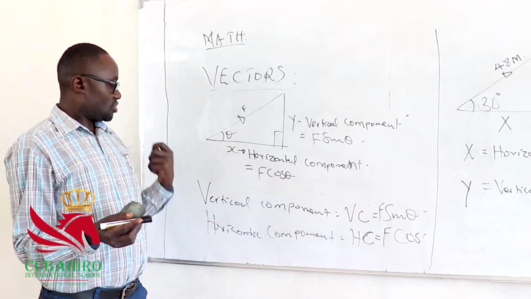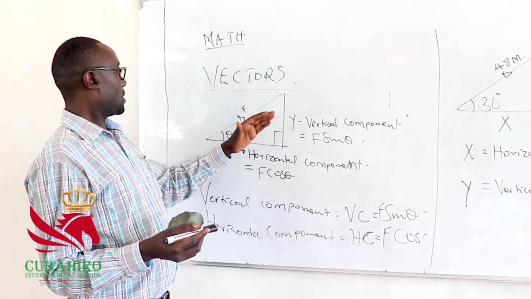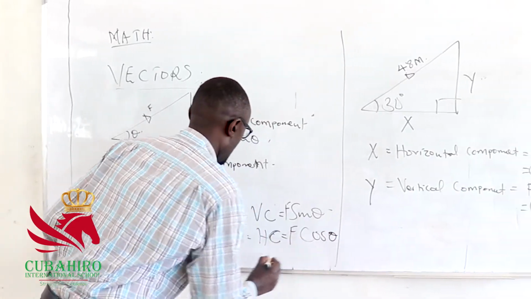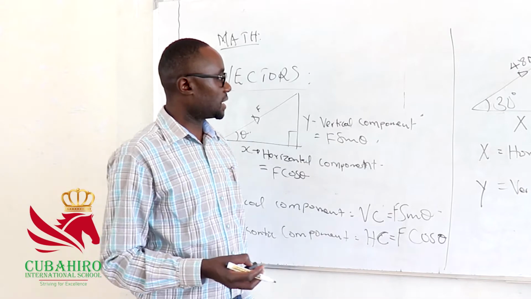Very clear. Generally, the horizontal component is F cosine theta, and the vertical component is F sine theta. Very clear.